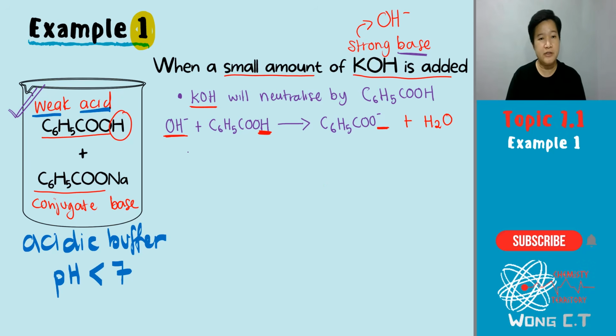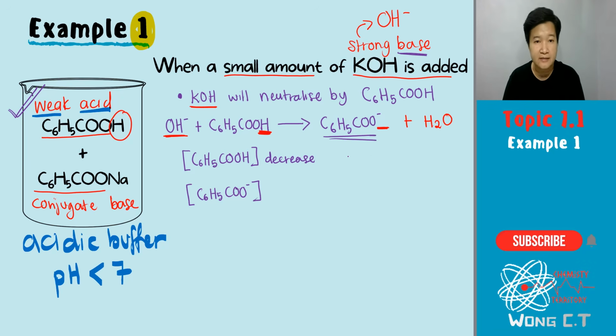Simple. As a result, what happened to the concentration of your benzoic acid over here? Since the benzoic acid is used to neutralize the strong base, therefore, the concentration will decrease. Vice versa, your conjugate base, your C6H5COO minus, is produced during the neutralization process.